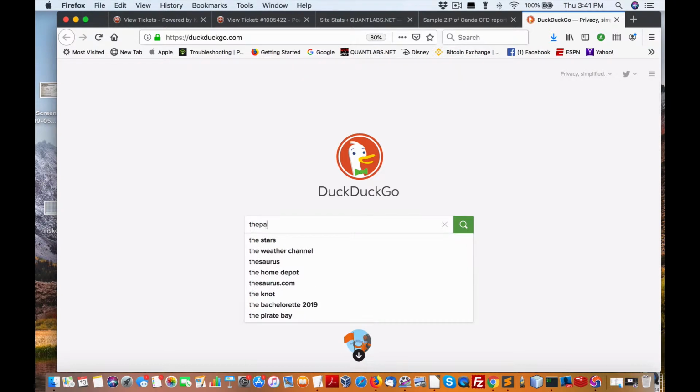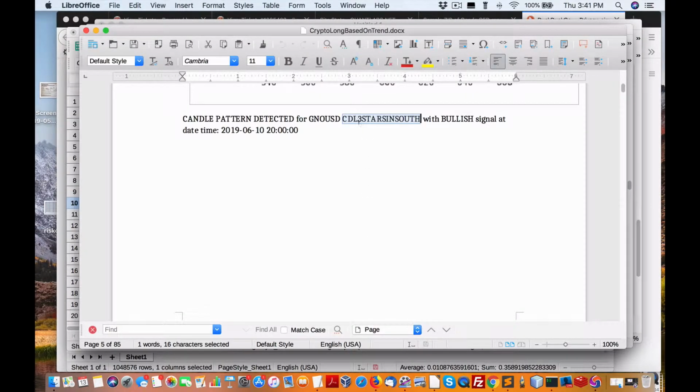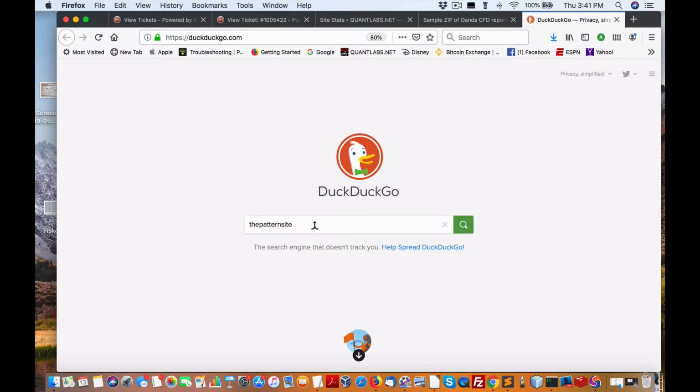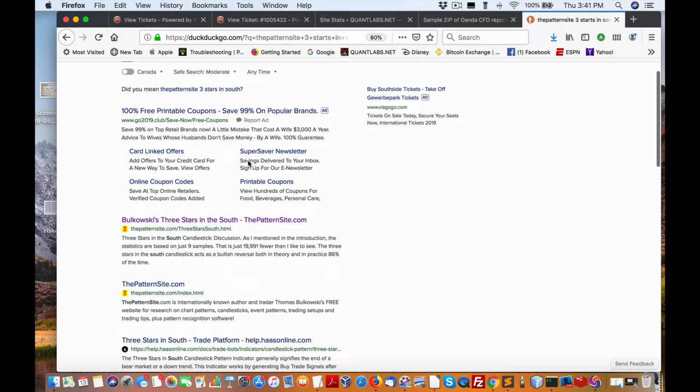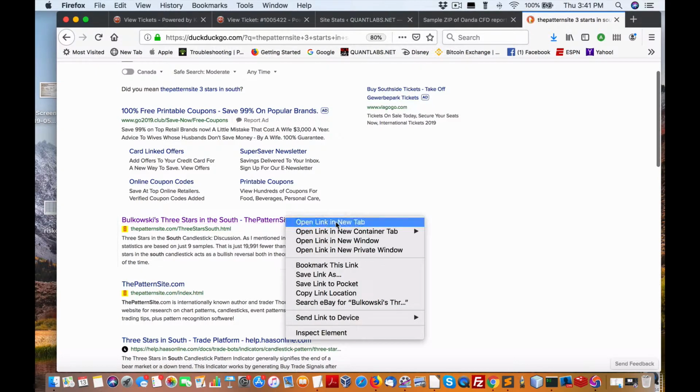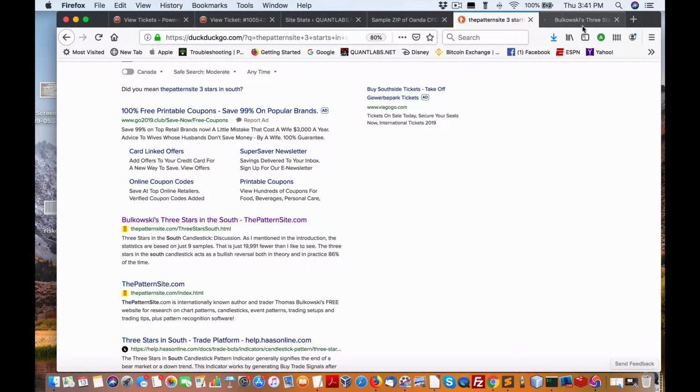So we have a site out there called the pattern site, and what you can use is this title, 3 Stars in South. So if you are interested in candles, you can just do this, 3 Stars in South, using the pattern site. So this guy spent who knows how many hours or days or weeks or months or whatever to generate this site.